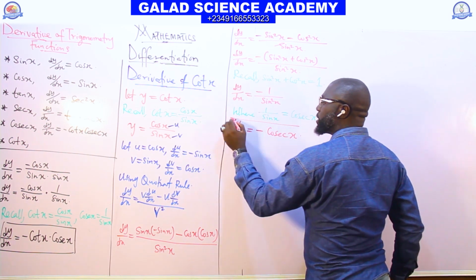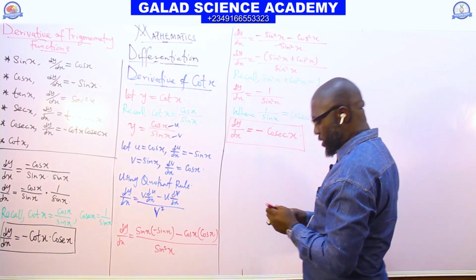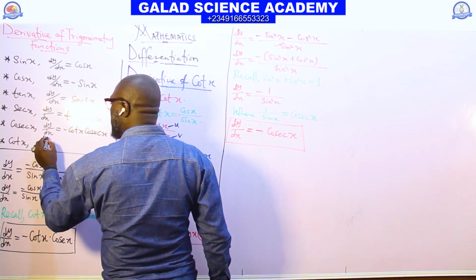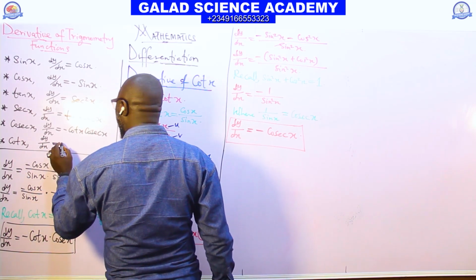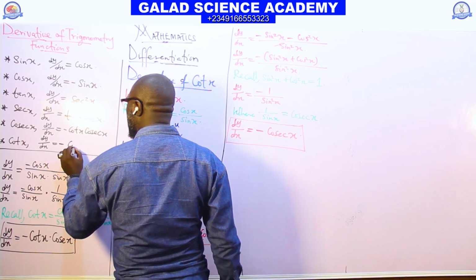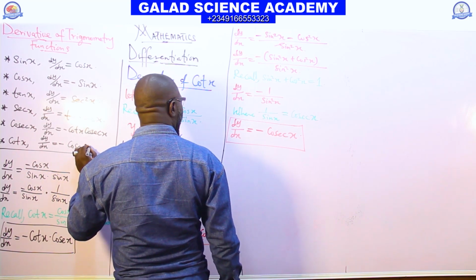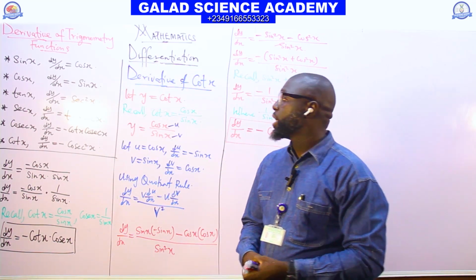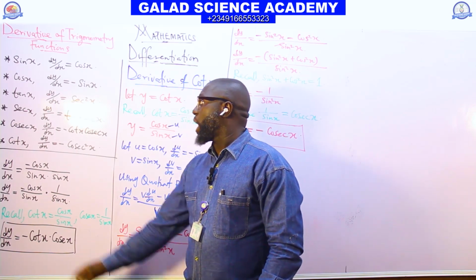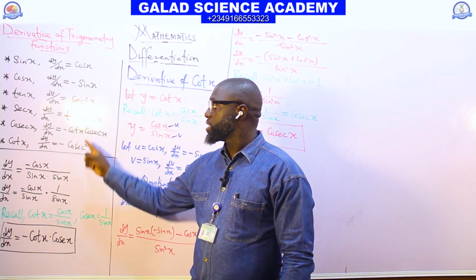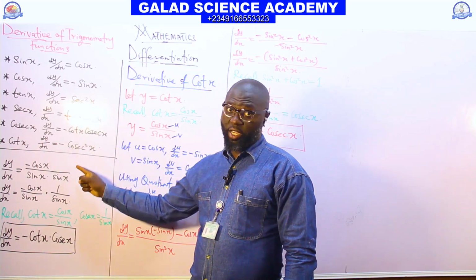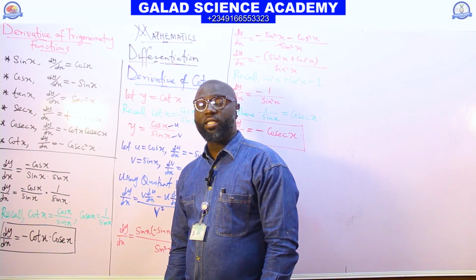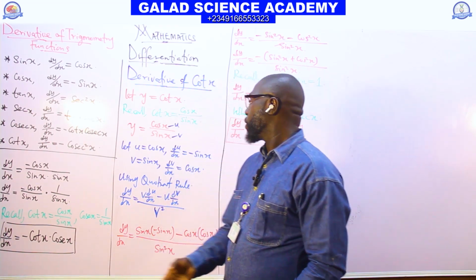So that is the derivative of cot x: dy/dx for cot x is minus cosec squared x. Please, it's very essential, you must memorize these 6 trig function derivatives, because we will apply them to solve questions.